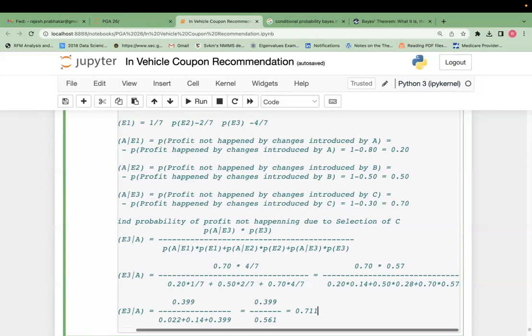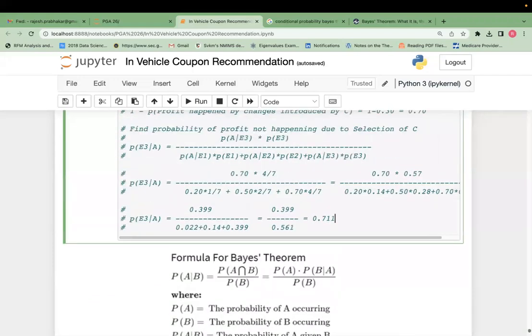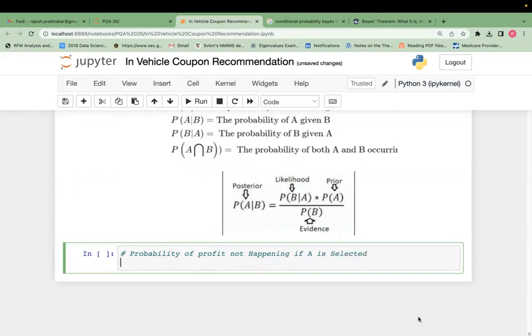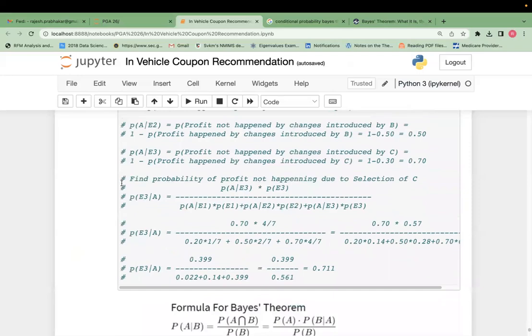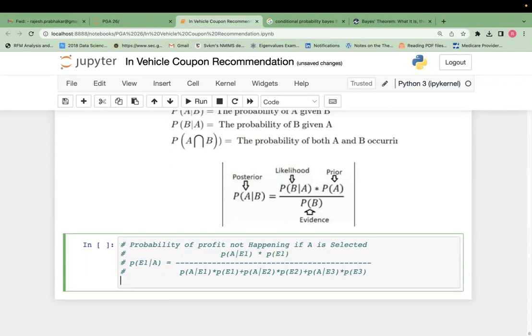Now here, the probability that profit is not happening due to selection of A. So the probability of profit not happening if A is selected. If I copy this formula, A given E1, probability of E1, and the denominator remains the same.